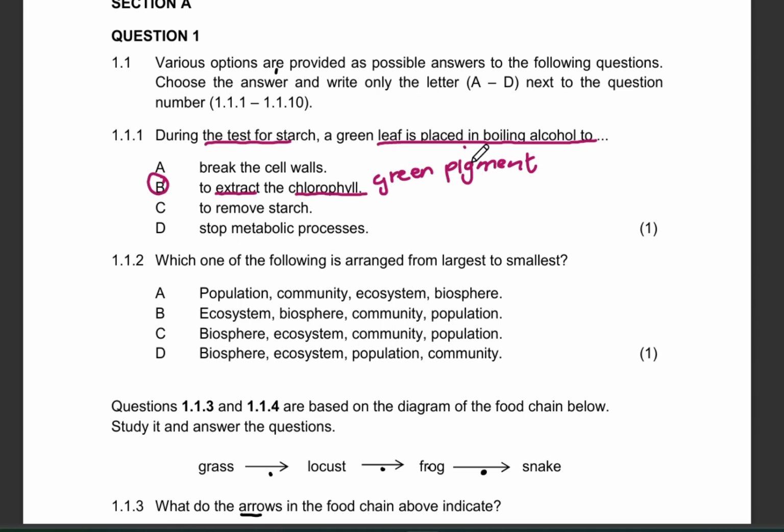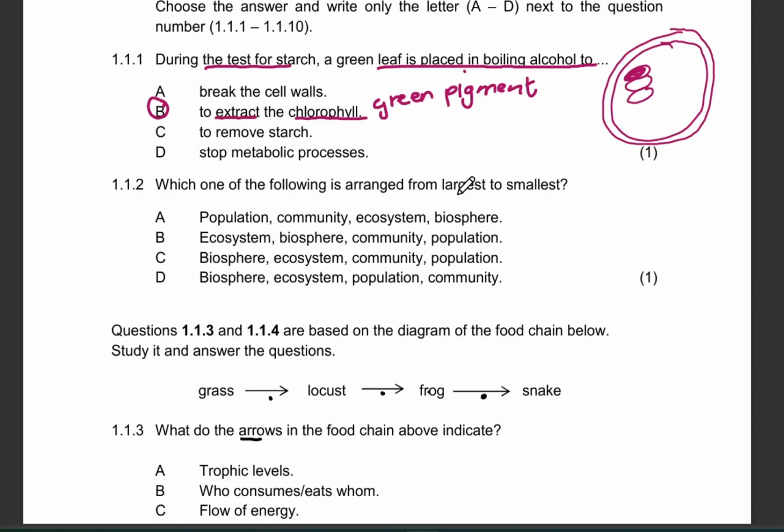Which one of the following is arranged from the largest to the smallest? This part is very important, guys, because in other questions they are going to ask you for the arrangement from the smallest to the largest. Now, if you look at the 4 options given, already option A and option B are incorrect because they are starting with population and ecosystem, and these two are not the largest. We know that the largest is the biosphere.